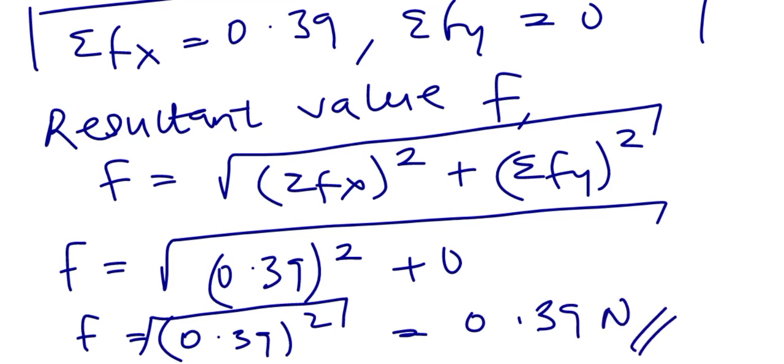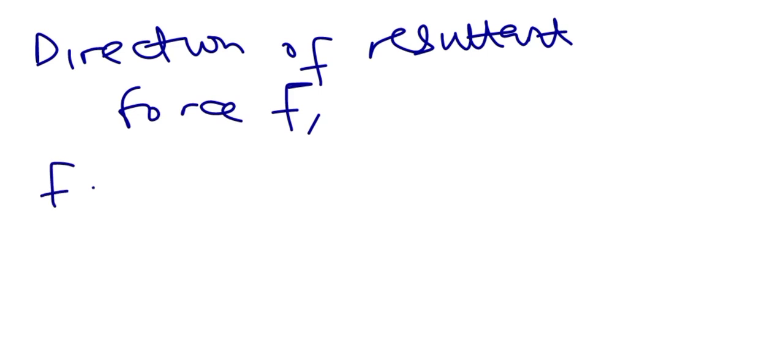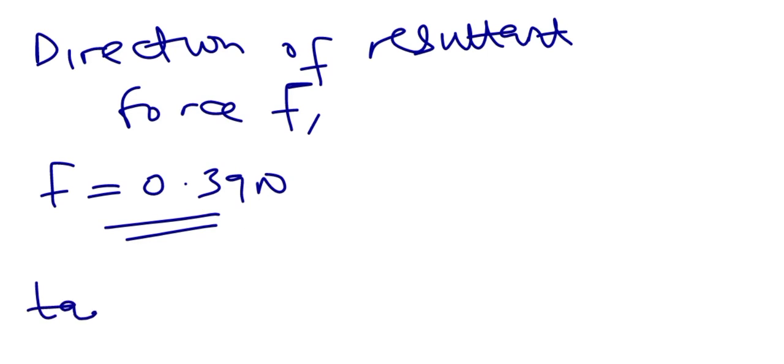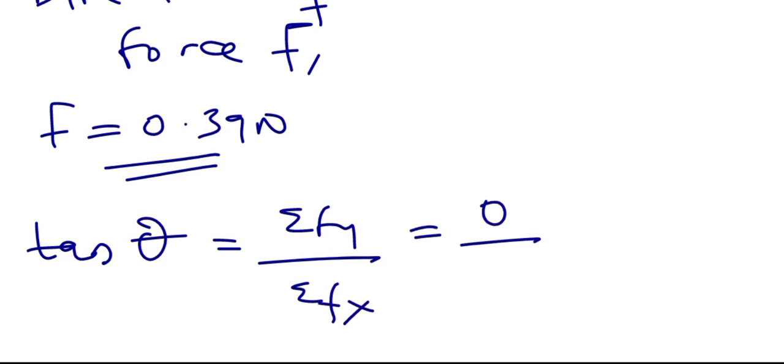Therefore, the resultant force is 0.39 Newton. One more thing we need to look at is the direction of the resultant force F. Tan theta equals the summation of Fy over the summation of Fx, which equals 0 over 0.39, equals 0.